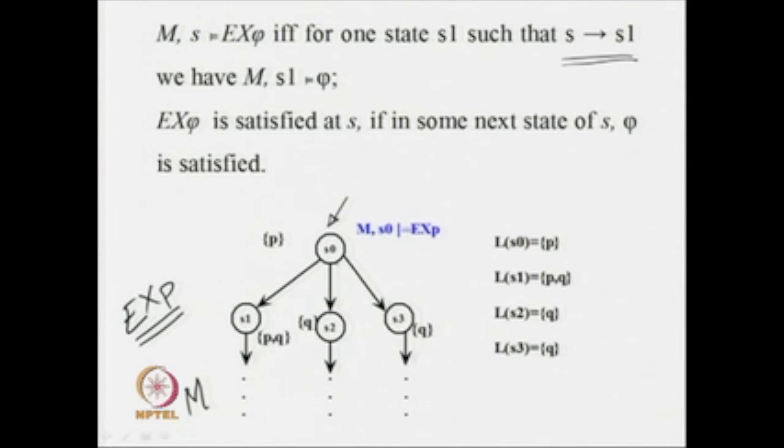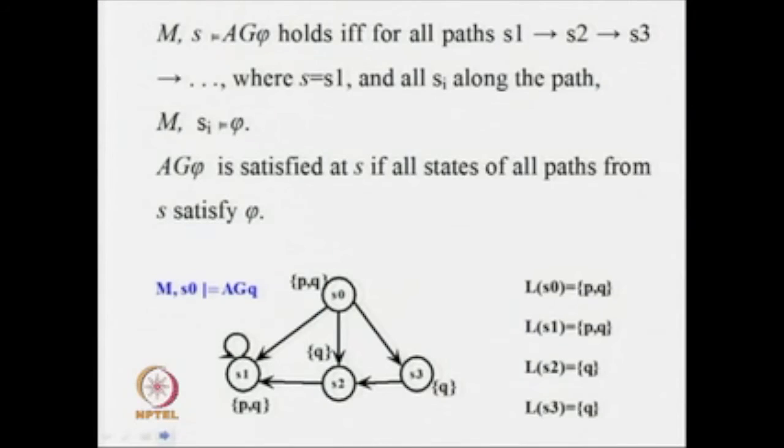Now, the next formula that we are going to look into in our logic is AG phi. G is a global operator and AG phi says that in all paths globally phi holds or not. So, we say that if it is true in a particular state, then in model M, state S, AG phi holds.